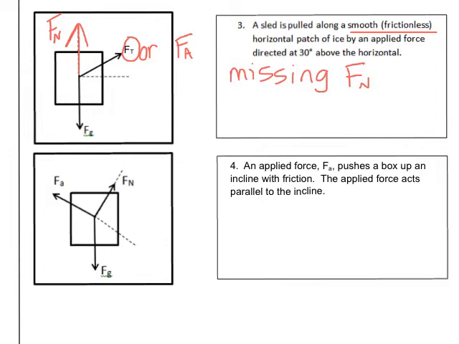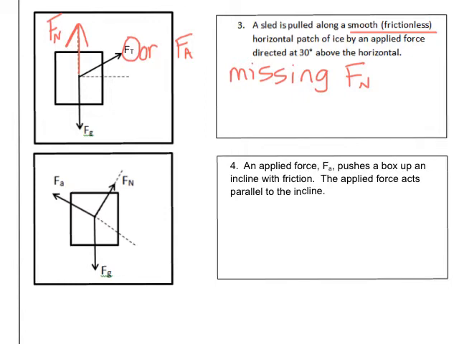Okay. On the next one, we've got a box being pushed up an incline, and it does tell you there's an applied force pushing it up, so that one's okay. Gravity is pointing in the right way. Are there any springs or ropes? Nope, because it said applied force, so no tension or spring force. Is it sitting on a surface? Yes, so is there a normal force? Yes. Normal force is correct.